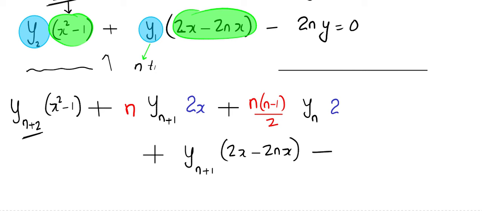Now you put a plus sign, and then as always that n, look at this, and then what you do is you reduce the suffix by 1, so you get yn, and then differentiate the second one, and that will be 2 into 1 minus 2n into 1. That's it.